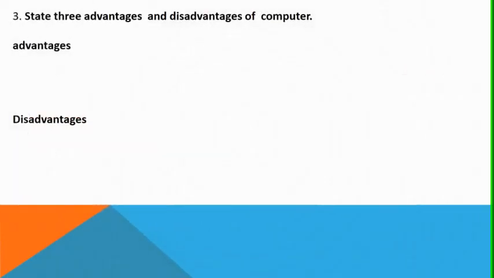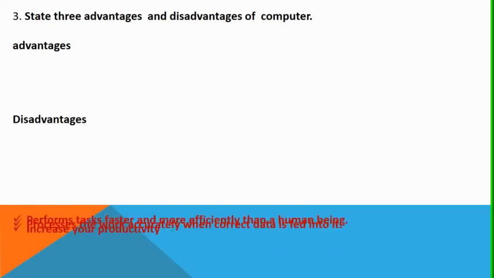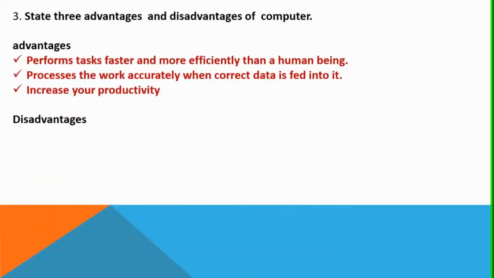Question number 3 asks us to state 3 advantages and disadvantages of computers. Starting with advantages, we may state that a computer can perform tasks faster than human beings. A computer can process work accurately, and a computer can increase productivity.